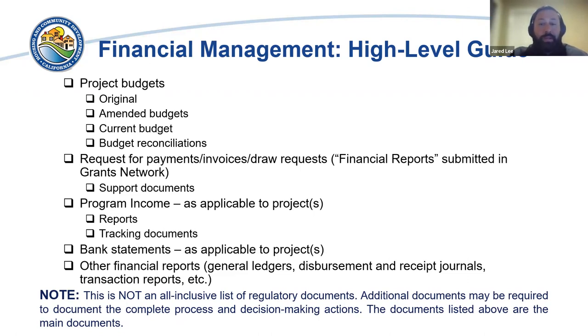So whether the subrecipient has a funding account for each project or one funding account for the program as a whole will most likely dictate what level accounting records are kept at. So bank statements, general ledger reports, receipt and disbursement journals, transaction reports, those will all be examined by HCD monitoring staff, depending on the specific scope of the review, whether it's in relation to a specific project or to a specific cost.